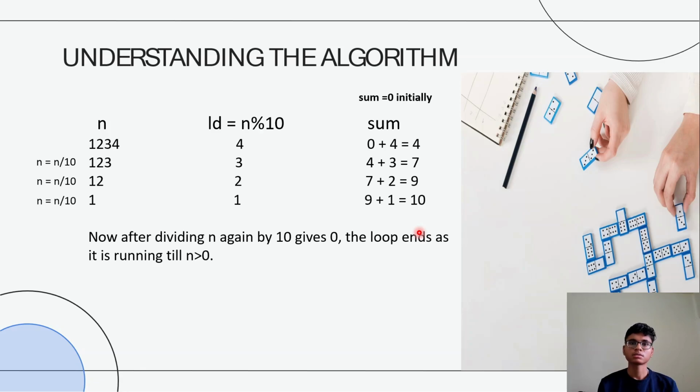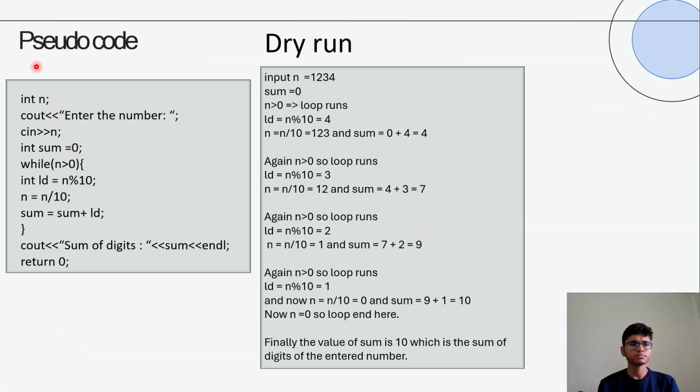Okay, so let's take a look at the pseudocode. In int, we are creating an integer n. Cout, enter the number. Cin n, letting the user give the input. Int sum is equal to 0, initializing the sum to be 0. While n is greater than 0, we are running a loop.